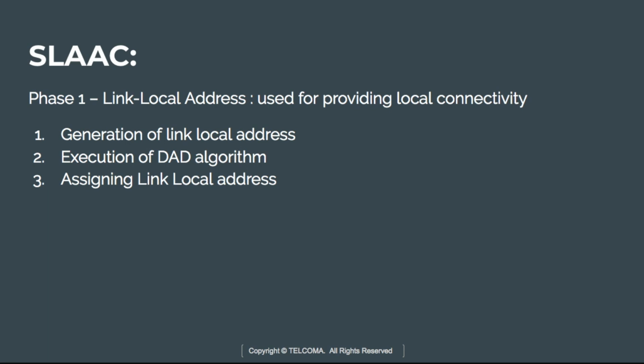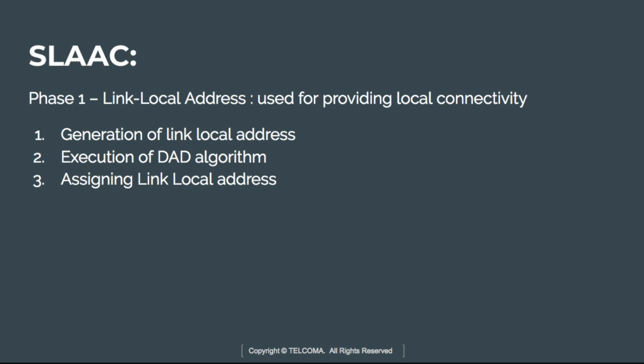Whenever a multicast capable IPv6 interface or device is turned on in a network, the device generates a link local address for the interface. This is done by appending the interface ID to the link local prefix, that is FE80::/10.